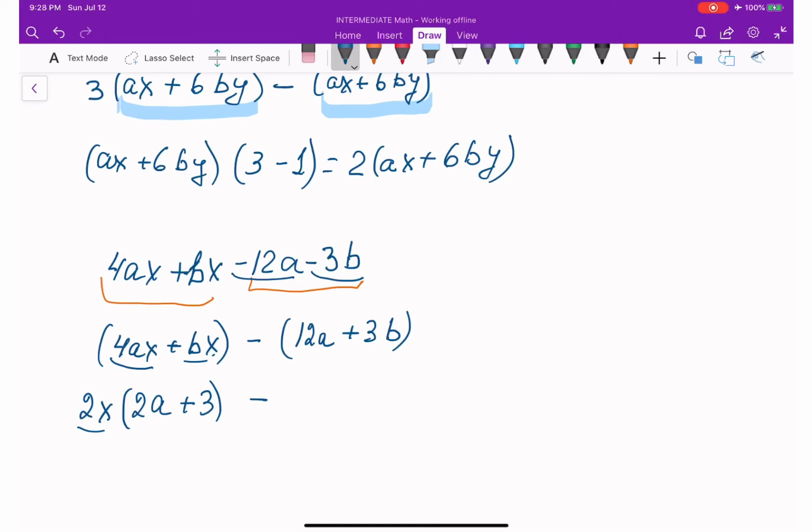What is going to be common factor? 3, correct? So what will be left from here? 12 divided by 3 is 4a. And 3b divided by 3, it's going to be plus b. Okay, this is becoming very interesting.